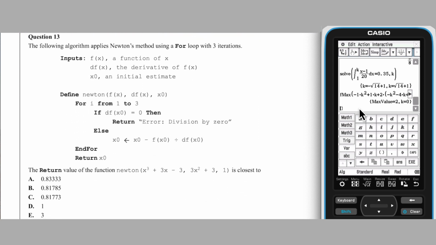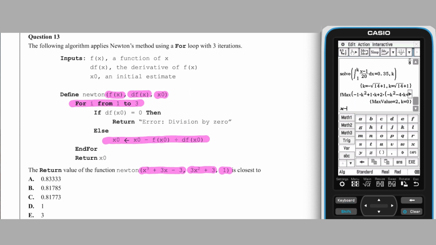Question 13 presents an algorithm that applies Newton's method with 3 iterations of this calculation. The inputs into this calculation are f of x, the derivative of f of x, f dashed, and initial estimate x0. One easy way to implement this calculation is in ClassPad's main app.